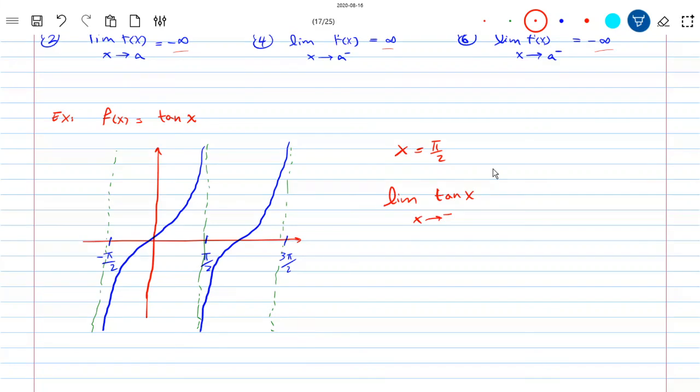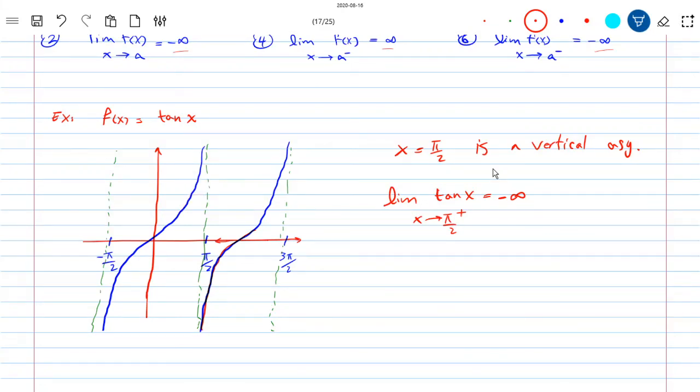as x approaches pi half. If I'm approaching pi half from the right side, I'm following the curve on the right side. What do I expect? I expect negative infinity. The moment that happens, I do not need to look at the other side. I can say x equal to pi half is a vertical asymptote. But the total limit doesn't exist because the right-hand side is not the same as the left-hand side.